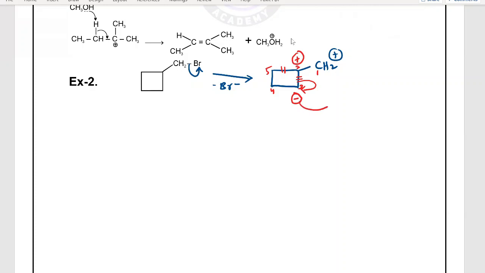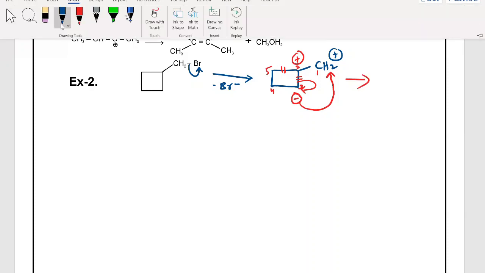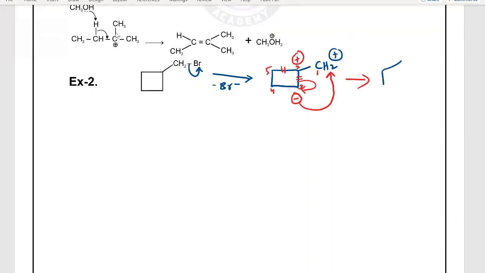This negative charge is going to attack the first carbon. Then it results in the formation of a 5-membered ring, and positive charge here. Here, any beta hydrogen you can take, all beta hydrogens are identical, and that results in the formation of cyclopentene.